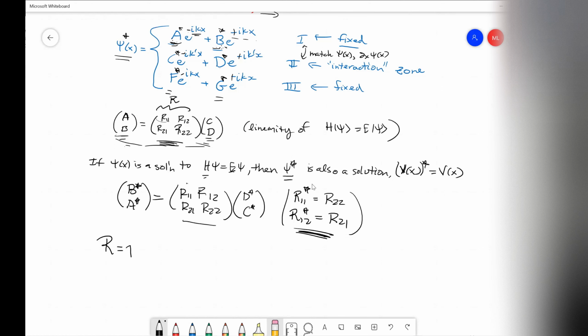We can stick in a factor of k prime over k. That's just a convenient normalization. But the general form of it must be that if this is some coefficient alpha, then this must be alpha star. And if this is some coefficient beta, then this must be beta star. And that's the general form of it. And that comes directly from the fact that the potential is real. So we're using that symmetry in order to constrain the form of this R.